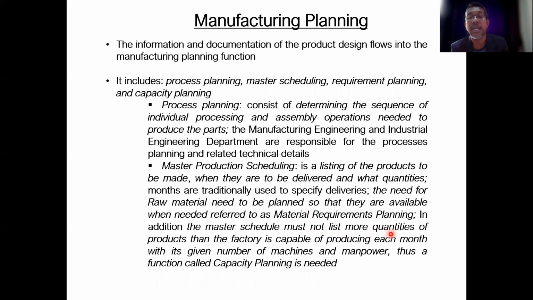So they can plan to double up the quantity, for example to 20,000, by doubling up the manpower, or buying a new machine to cater to the other volume of production, or running the production in 2 shifts. So that can be done in the master production scheduling.